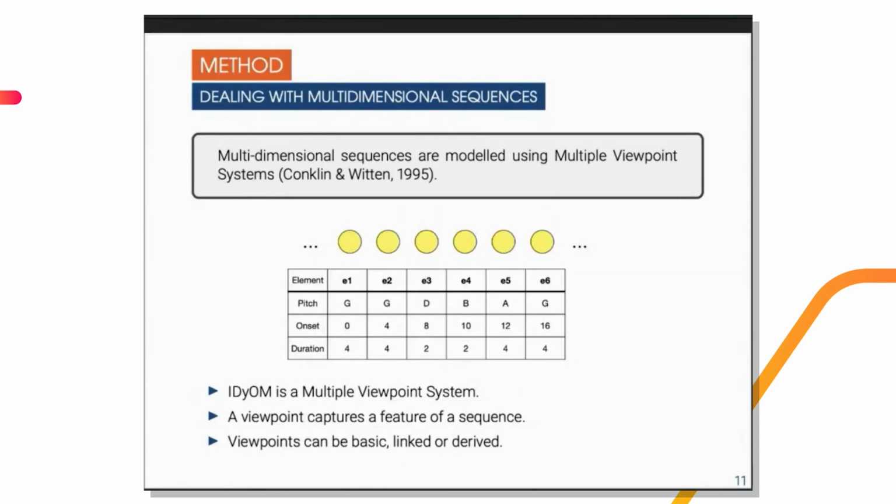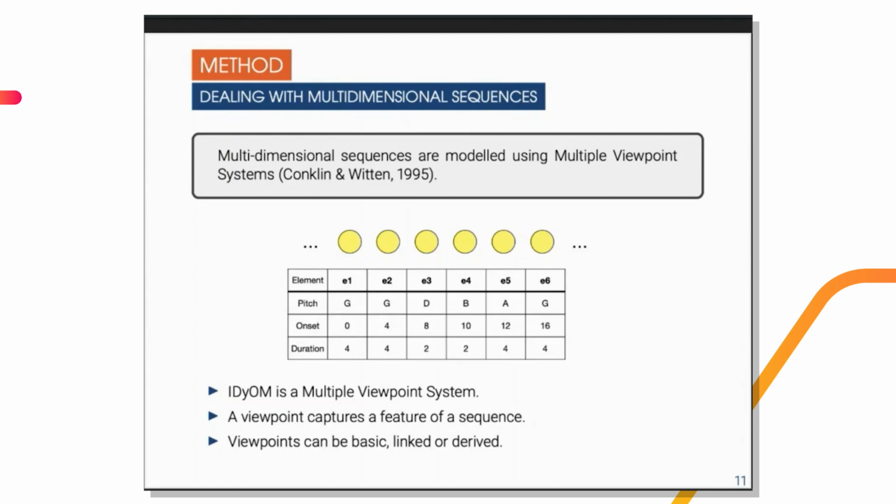So multiple viewpoint systems enable us to construct different predictive models for different dimensions or combinations of dimensions in a sequence, and then combine those predictions into a final prediction of what a certain attribute of the next element will be.